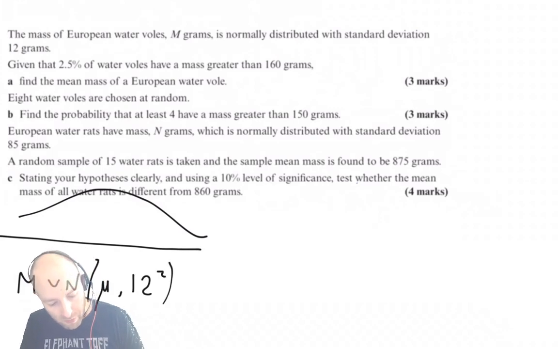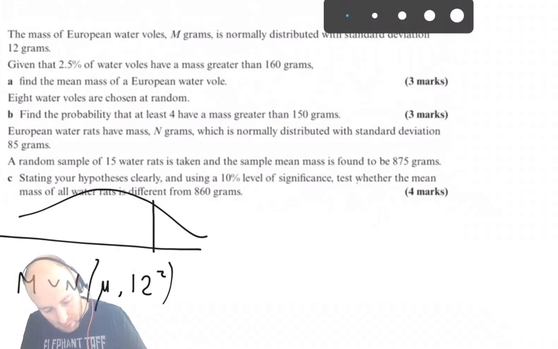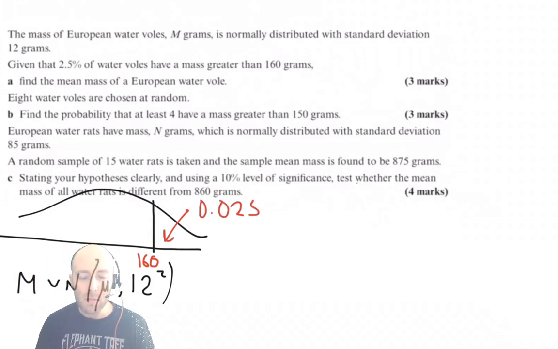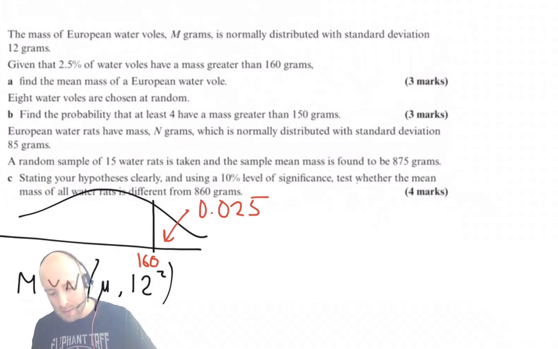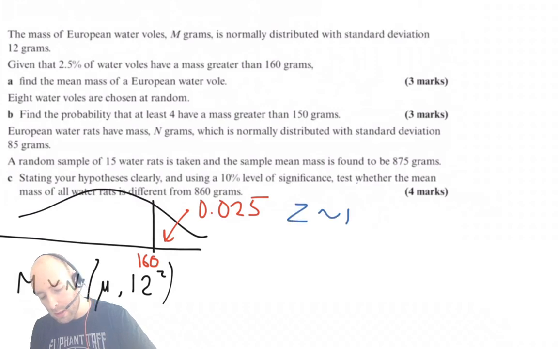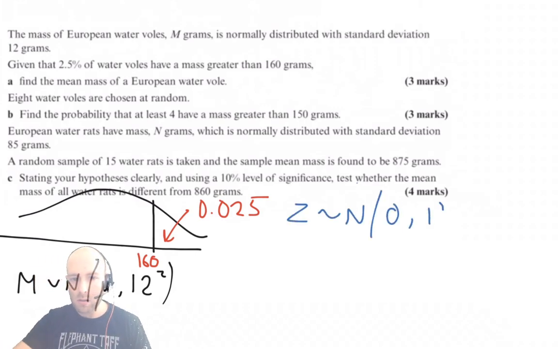We know that 2.5% of the mass is greater than 160, so if I label this as 160, this probability here is 0.025. So we can find Z, because remember Z is a normal distribution with a mean of 0 and a standard deviation of 1. So I can bring up the calculator.